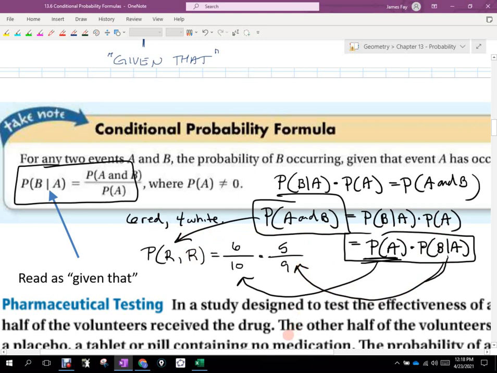It'd be that thing there. Does that make sense? So what I want you to understand is that this given that statement, or this conditional probability formula, comes from working with the multiplication rule of dependent probabilities. Is that okay with everybody? Does that make sense?